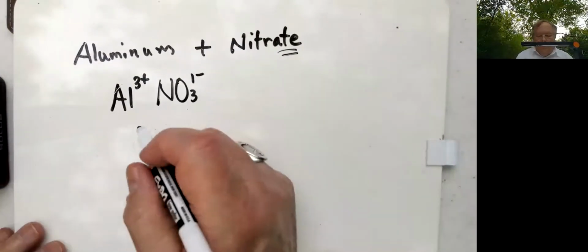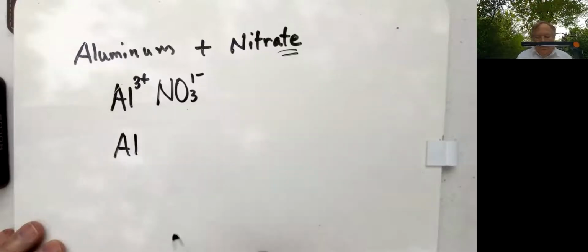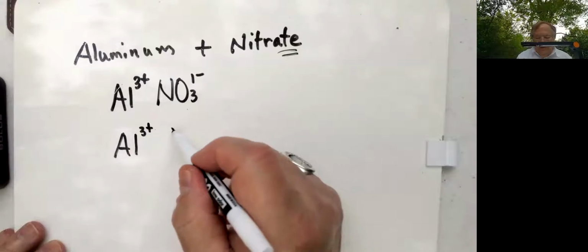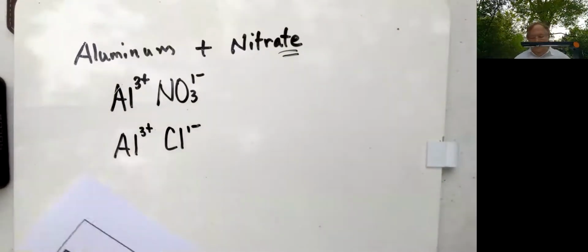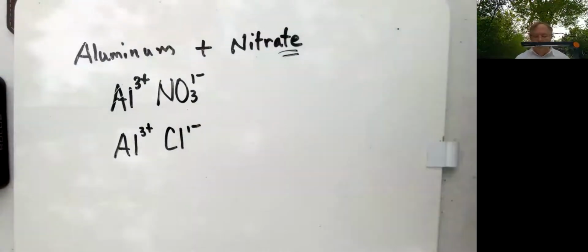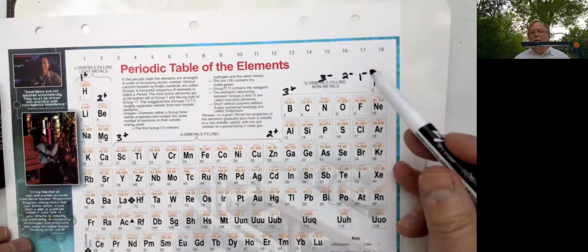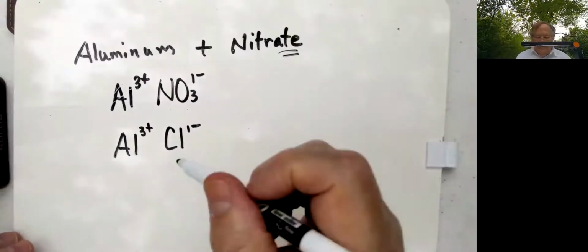Right, well, let me run one similar to it. If we were combining aluminum and chlorine, which is chloride, of course, when it becomes an ion, you see chloride is -1. The chlorine ion is -1.